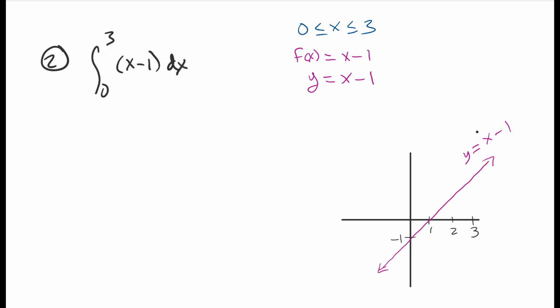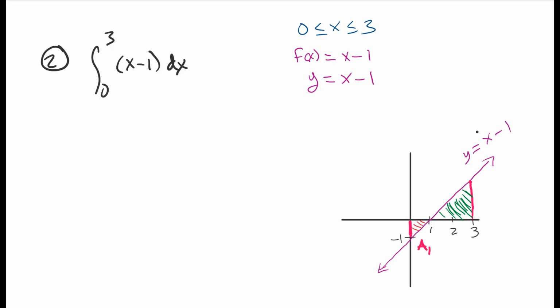So let's break it off and go, well, wait. We're stuck in between. We want to find the area from 0 up to 3. So we have our negative area down here, and then we have some positive area up here.